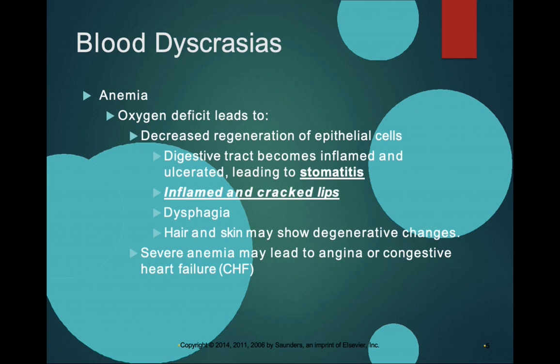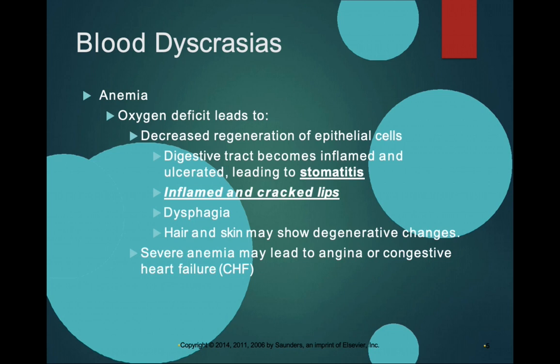One of the things I look for in anemias and nutritional deficiencies is stomatitis, which is cracking of the lips, inflamed and cracked lips. And that can be in the corners, that can be in the center, but it is pretty obvious.